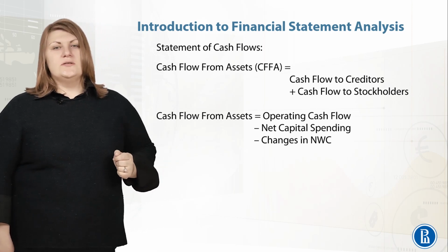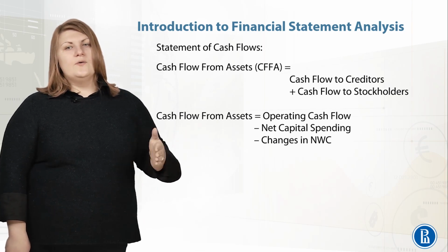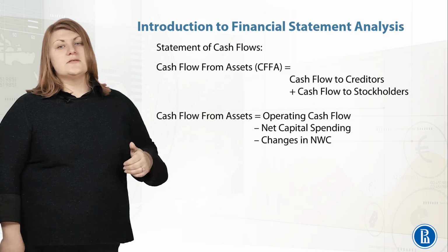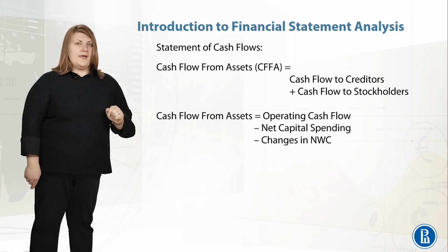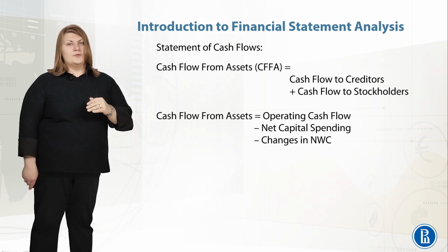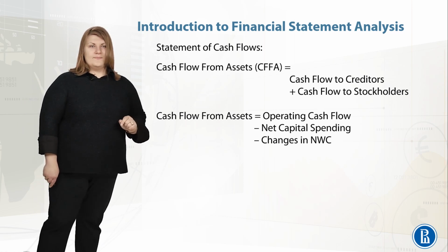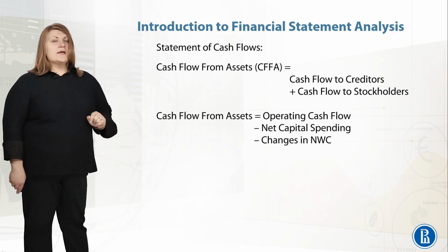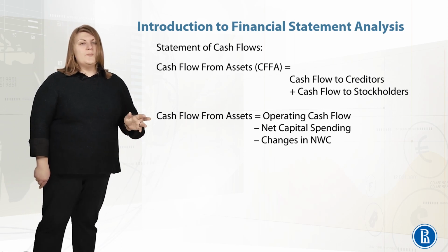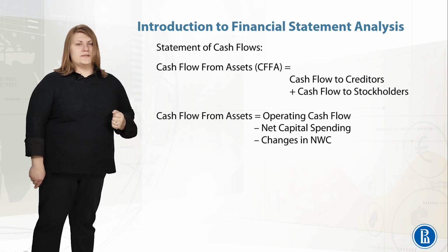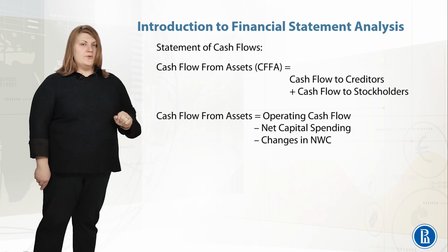The first equation shows us how the cash flows from the firm and how it is divided among the investors who financed the assets. As you see here, CFFA equals the cash flow to creditors plus the cash flow to stockholders. The second equation in the cash flow represents how the company receives cash from its assets.